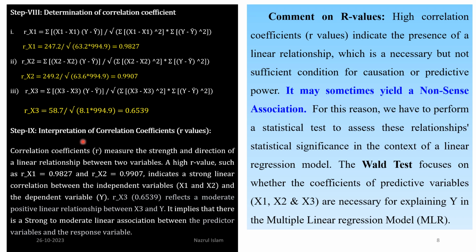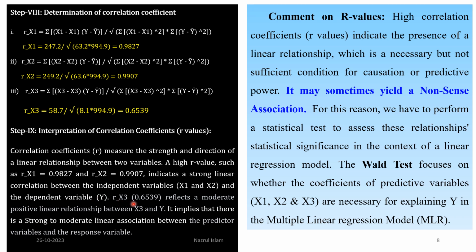Now we interpret the result of correlation coefficient, that is R values, in multiple linear regression model. Here correlation coefficients measure the strength and direction of the linear relationship between two variables. A high R value such as Rx1 equal to 0.9827, Rx2 0.9907 indicates a strong linear correlation between the independent variables x1 and x2 and dependent variable y.